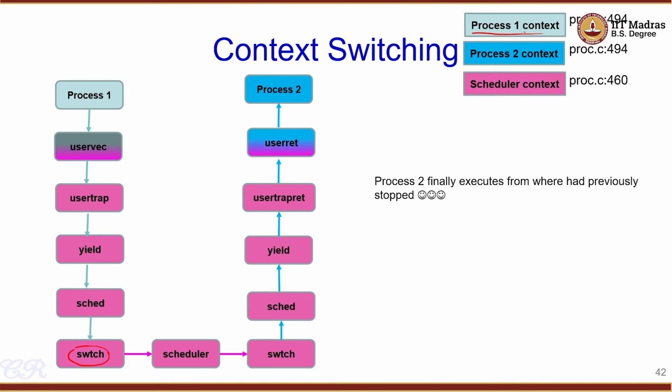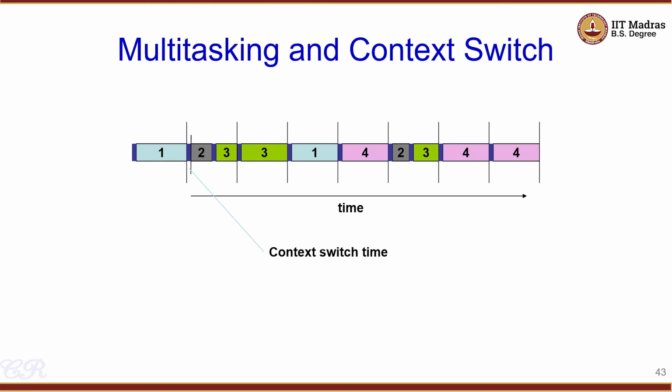For example, when the timer interrupt occurs, it goes to machine mode, then gets forwarded to supervisor mode. Supervisor mode switches the virtual address space, and there are quite a lot of involved things that can occur. So this entire switch from process 1 to process 2 takes a substantial amount of time, which we call the context switch time.